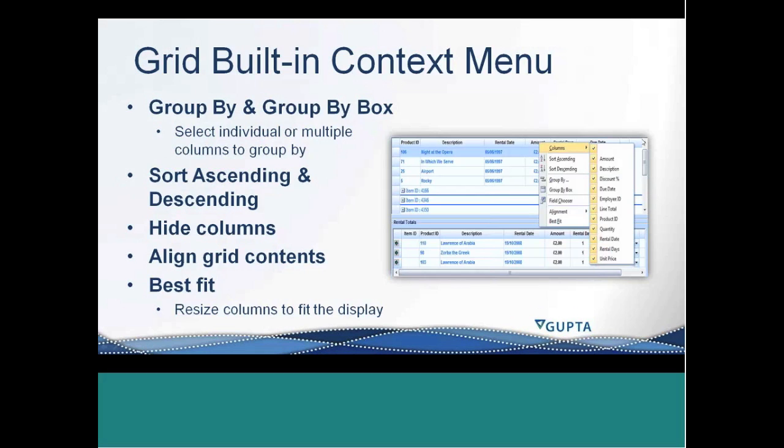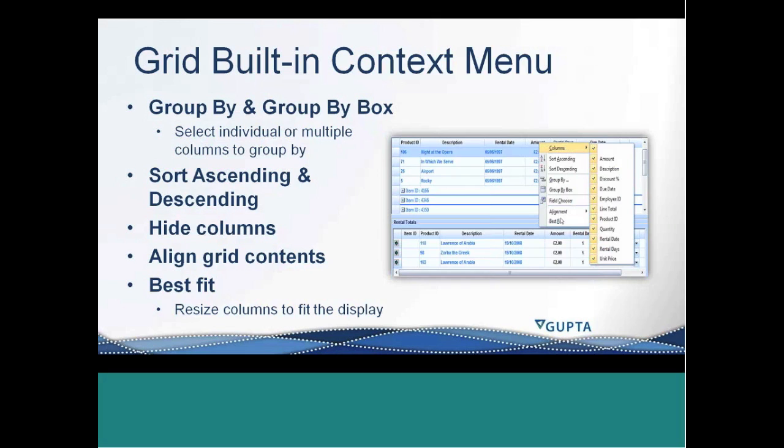Talking a little bit about the built-in context menu for the grid, that's also a feature that is embedded in the grid. You don't have to program anything to make that happen. It has a context menu. When you right-click on top of any column of the grid, you're going to get a menu with this set of properties here. Group by and group by box, those options will allow you to select individual or multiple columns to group by.